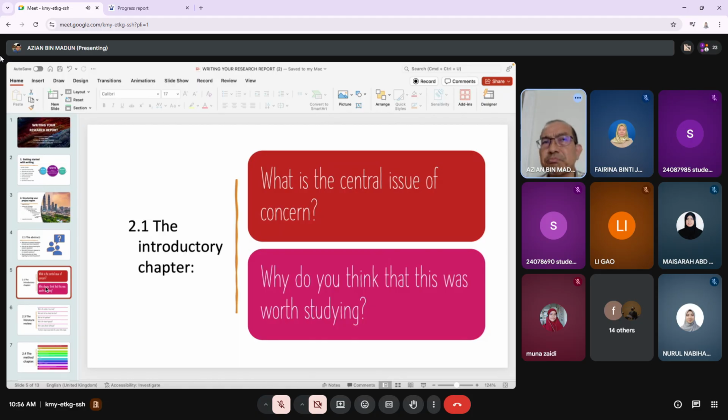So what I'm trying to do this time is to convince the editor that what's missing in this particular study is that we don't have input or insights from members of the group. I'm talking about the group of Arkham.